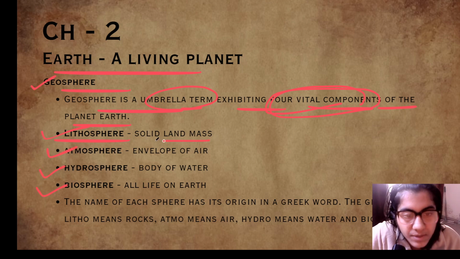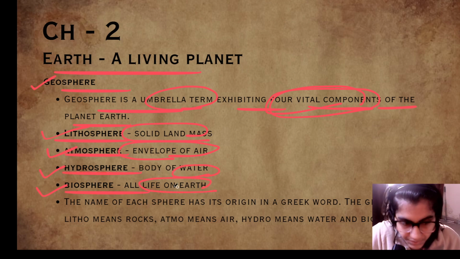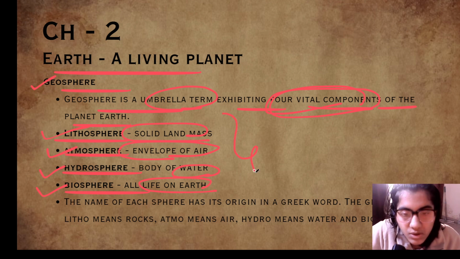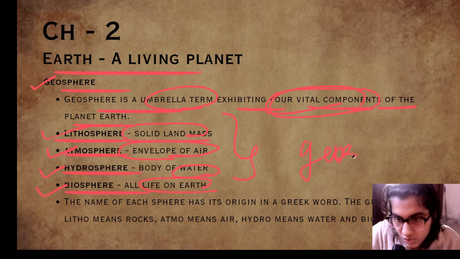Lithosphere means land mass, atmosphere means air, hydrosphere water, and biosphere all life on Earth. So these are all included in the geosphere.